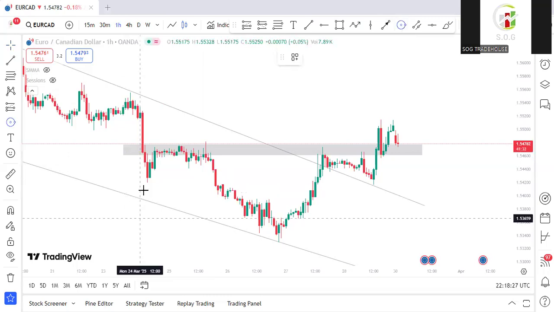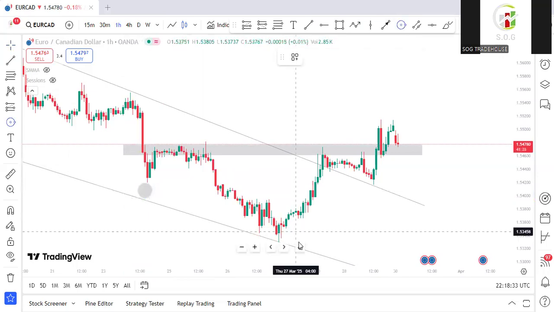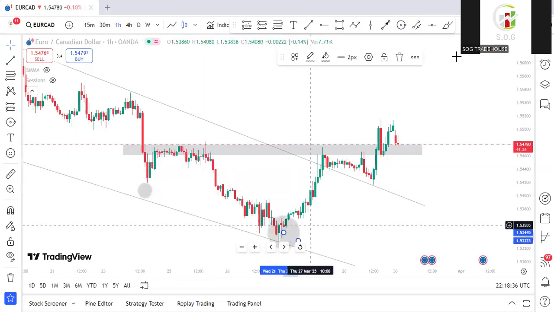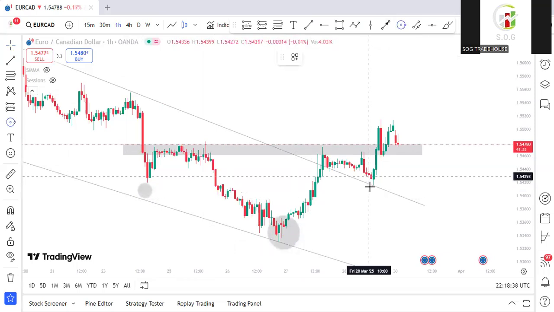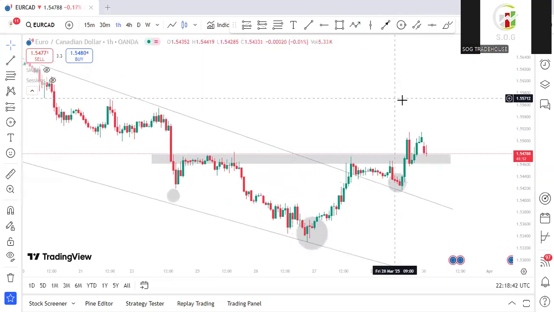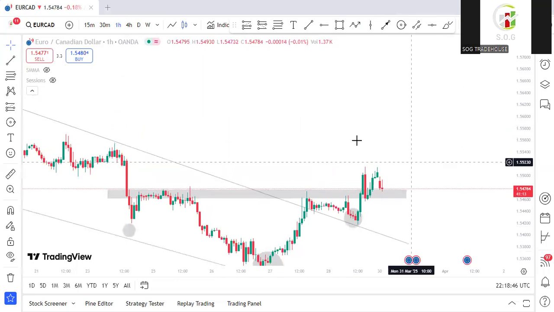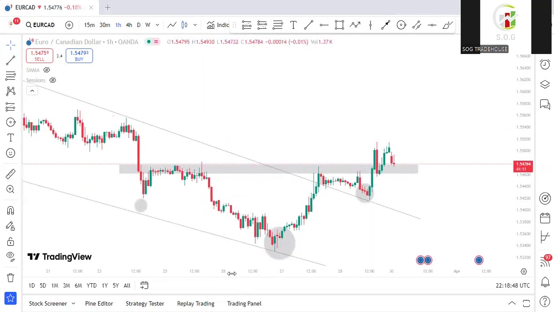So you can see this one shoulder. You can see this is the head, and this is another shoulder. So this is an inverse head and shoulder pattern forming on EURCAD, which is a reversal pattern in the market.